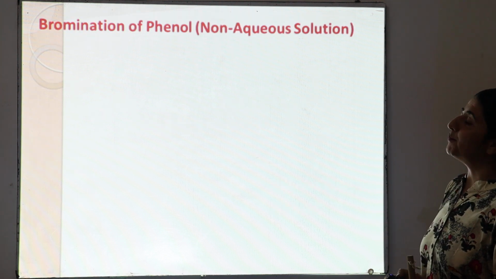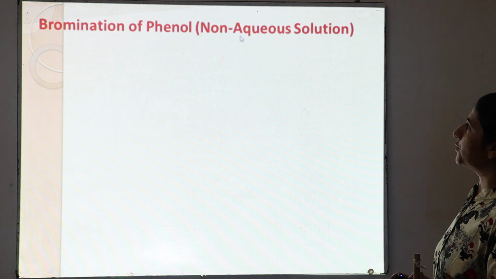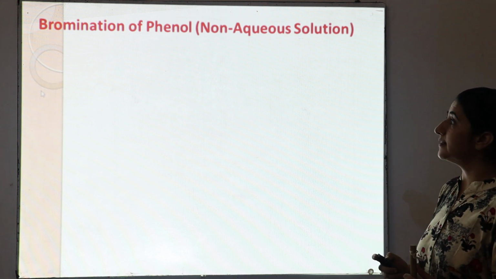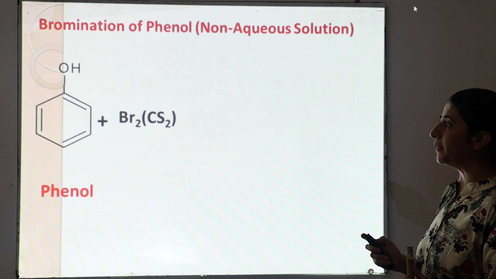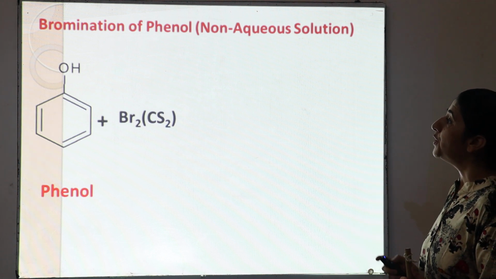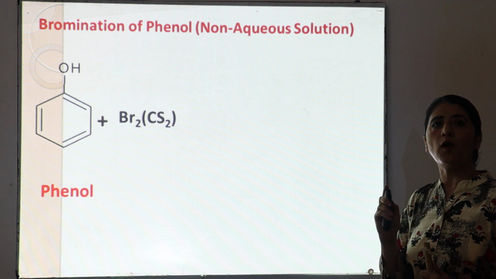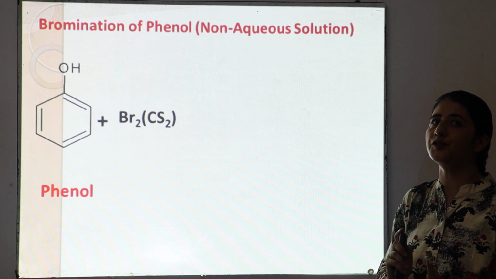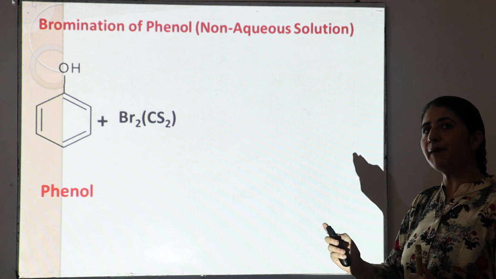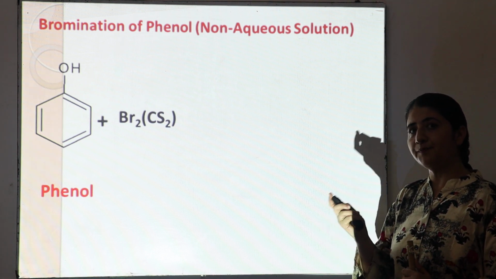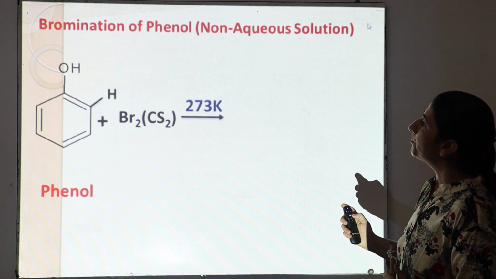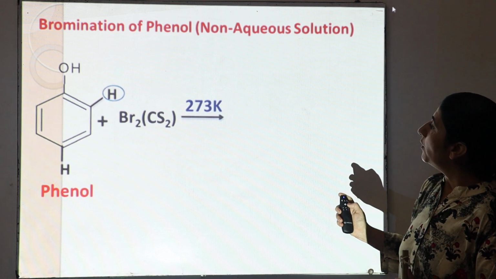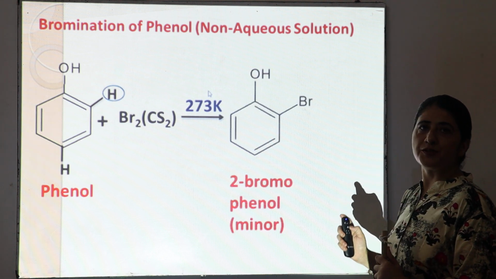Next is the bromination of phenol in a non-aqueous solvent, meaning CS2 solvent. So here, when phenol reacts with bromine in the presence of CS2, only the ortho and para hydrogen atoms are replaced by the electrophile, that is Br positive, and hence we get only two substituted products.